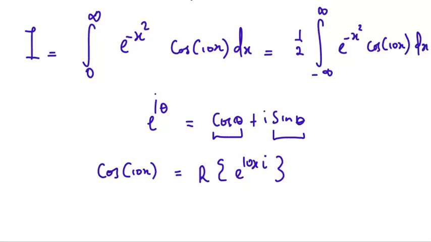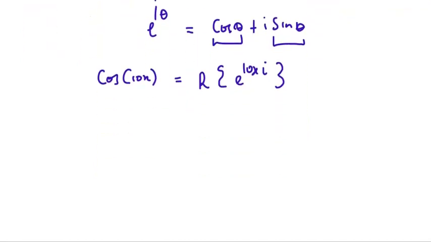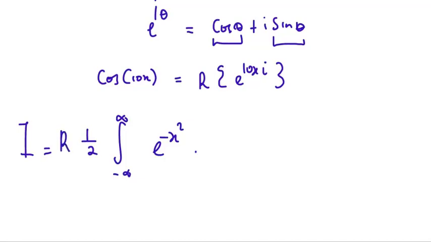So our integral we're going to transform to 1 over 2, the integral from negative infinity to positive infinity, e to the negative x squared multiplied by, and we can put the real part outside because we need the real part of this integral, e raised to the power of 10xi, dx.